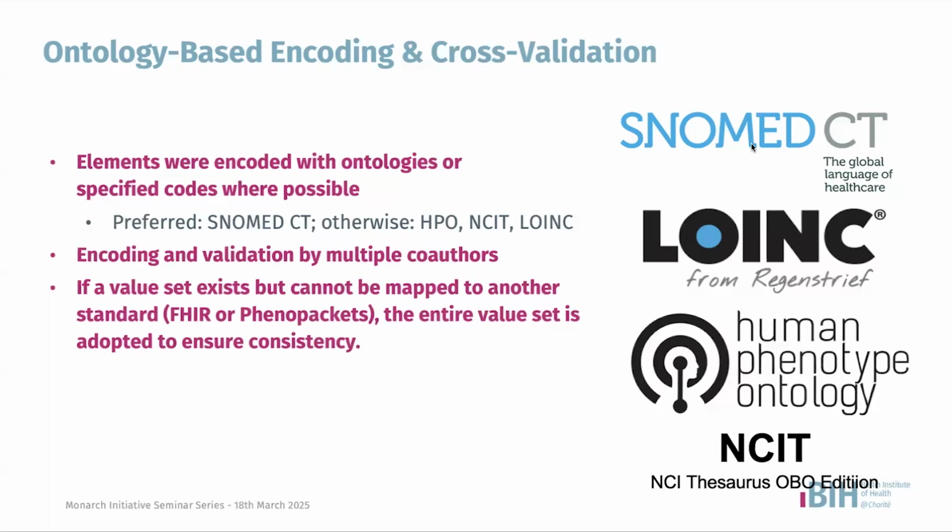The encounter value set: encounter doesn't play a role in Phenopackets, but in FHIR it's quite important due to the linkage of hospital data. And the value set then has been adapted completely with the FHIR inherent codes instead of also encoding these.